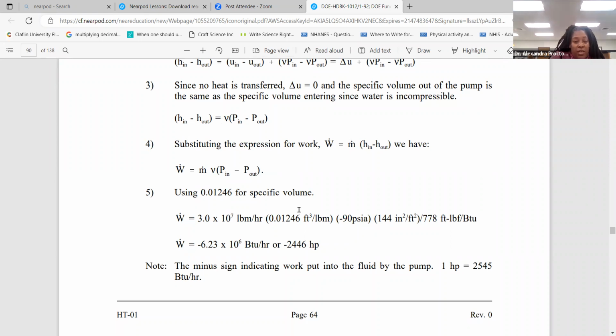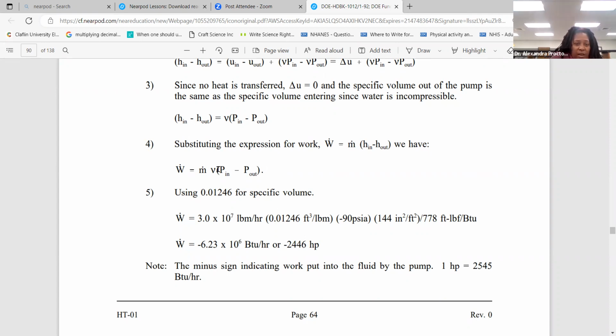You won't get confused if you do all of the aforementioned steps. What they're doing is an extensive derivation, and it gets even more complex than this, just to tell you to use the equation, work is equal to M times V times P in minus P out.